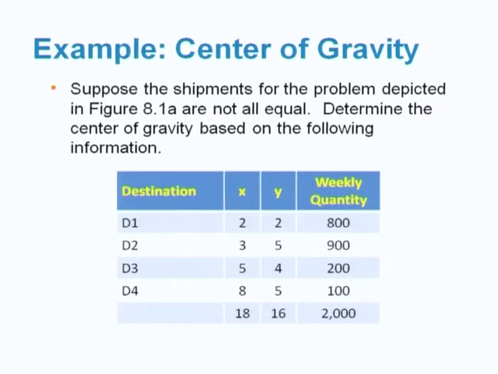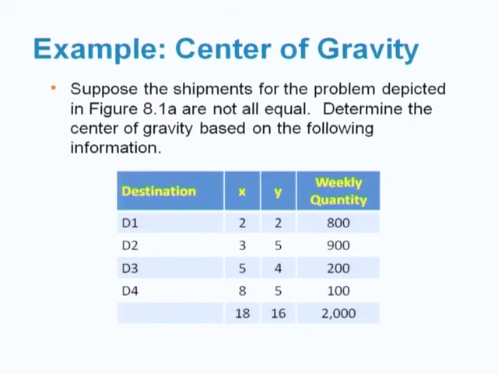Let's take a look at another example. This time, the quantity shipped to each destination are not equal. For example, destination D1 with coordinate 2 and 2 requires 800 units to be shipped to its destination.